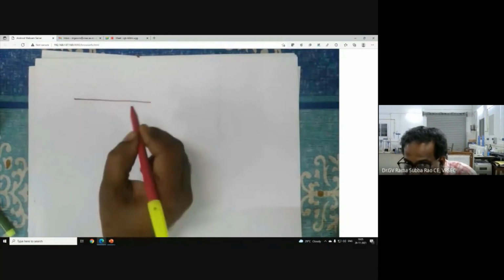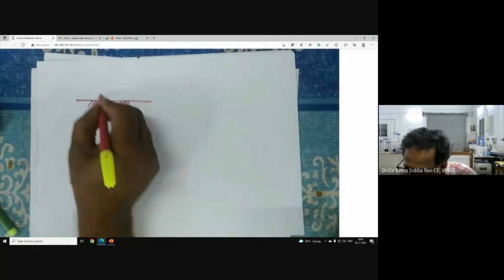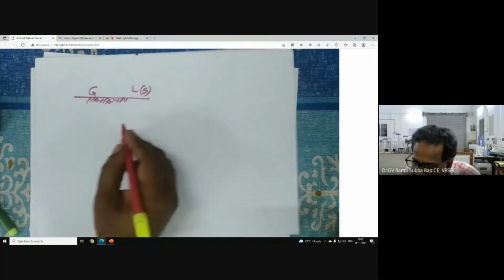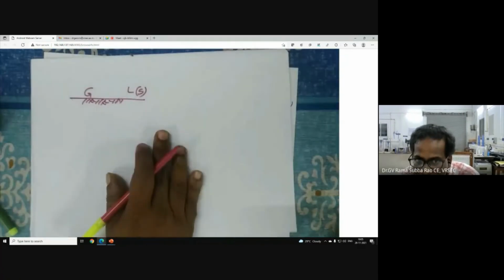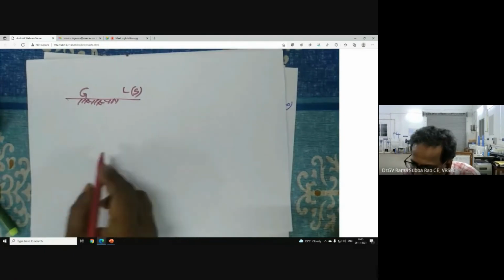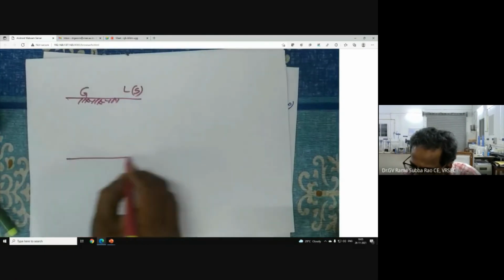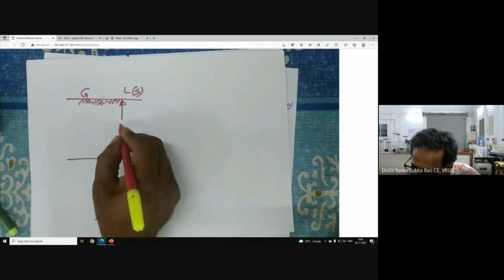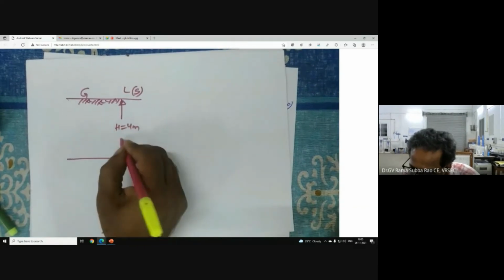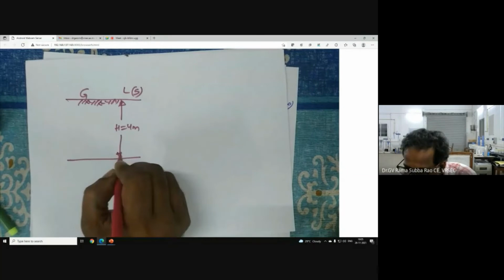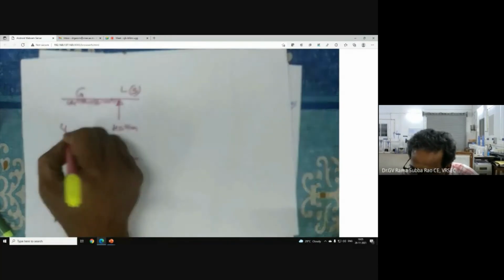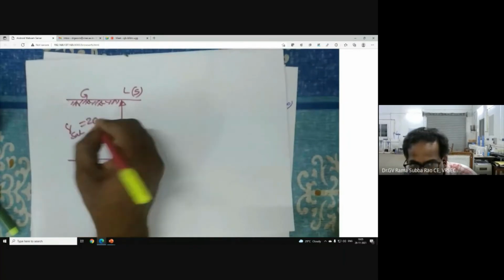This is the ground surface, which we call ground level or ground surface. I want to calculate effective stress at a depth of 4 meter. The thickness of the layer is 4 meter. Gamma saturated is 20 kilonewton per meter cube.